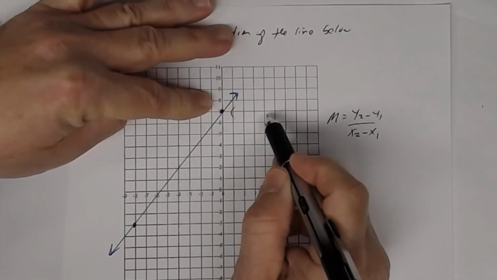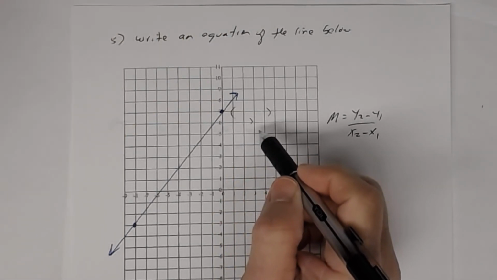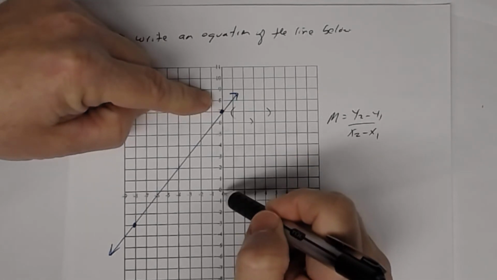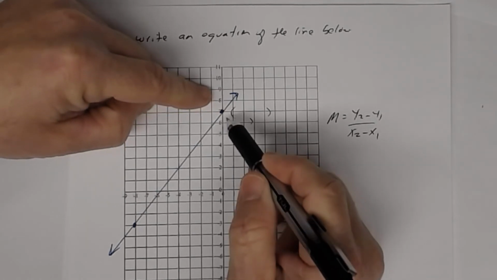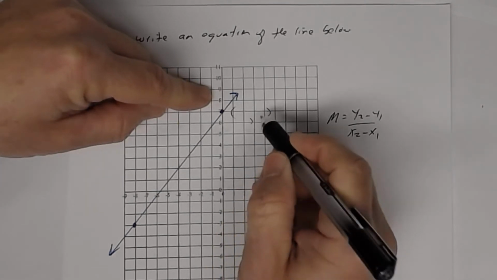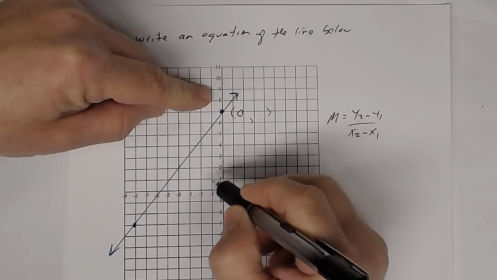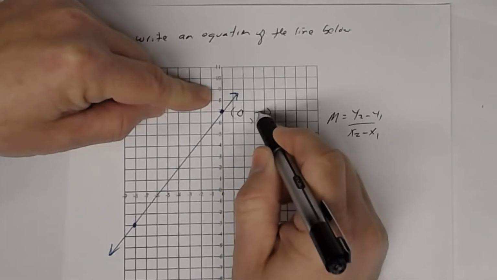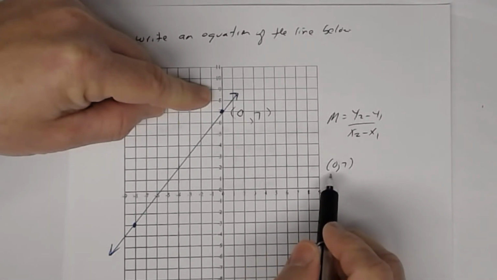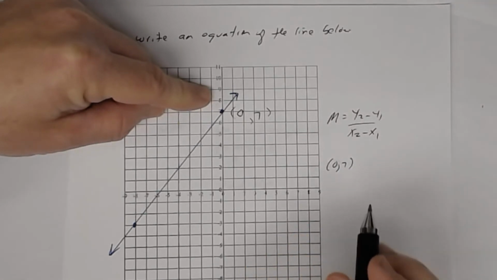Some students get that mixed up. They tend to put 0 in the wrong place. Remember, you're starting at the origin going straight up, right? That means you did not go left or right anywhere. You went straight up. So my x-coordinate is 0, and my y-coordinate is 7. It's important you write the coordinates correctly. Otherwise, your slope will be incorrect.